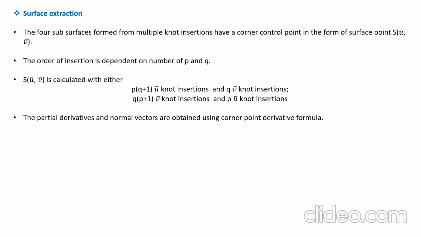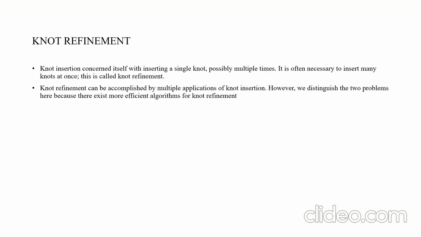So if the number of insertions p is greater, then S(u, v) will be calculated using p into q+1 u direction knot insertions and q v direction knot insertions. If q is greater than p, then it is q into p+1 v direction knot insertions and p u direction knot insertions. The partial derivatives and normal vectors are obtained using the corner point derivative formula, and these derivatives and normal vectors are for the subsurfaces.